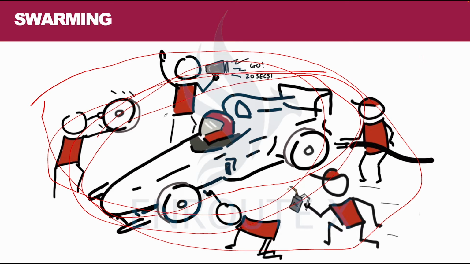This guy with the megaphone is the one at alert. This one is a specialist on this particular wheel, while this one is checking the oil, while this one is raising the car so that they can remove the tire.